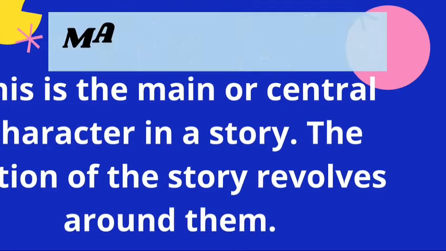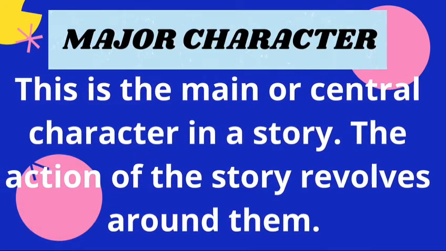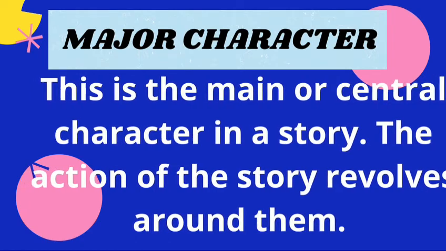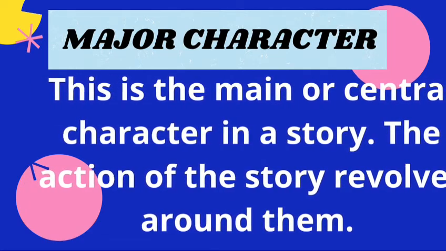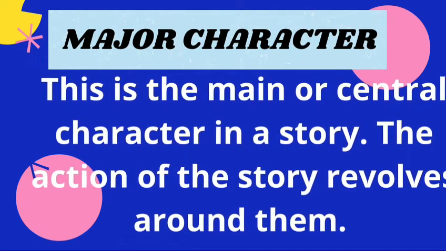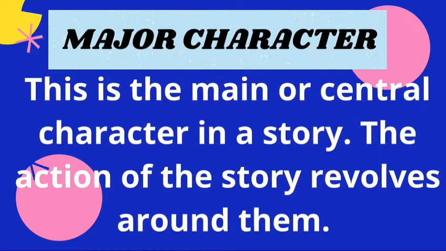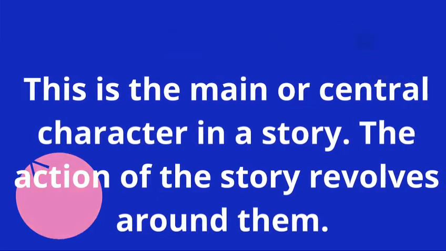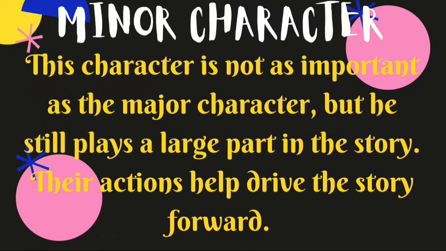This is the main or central character in a story. The action in the story revolves around the major character. Other people talk about them. Then the minor character. This character is not as important as the major character, but it still plays a large role in the text.